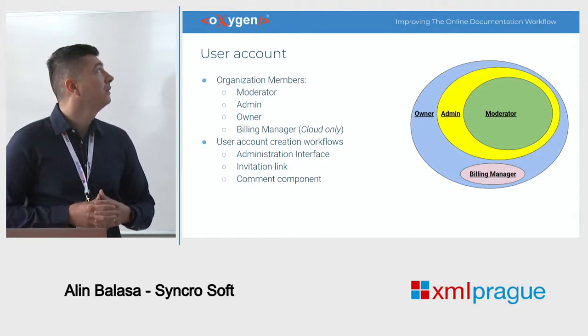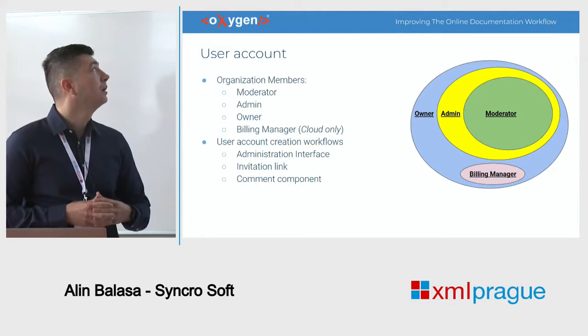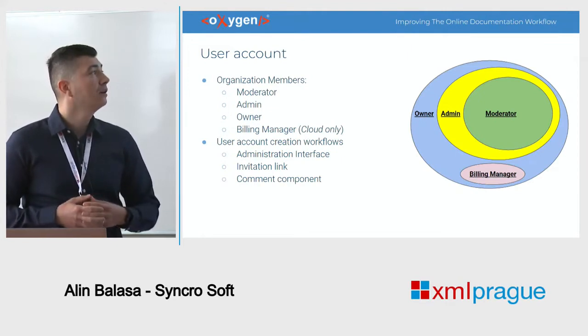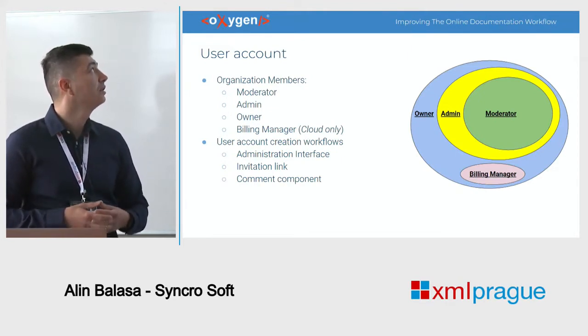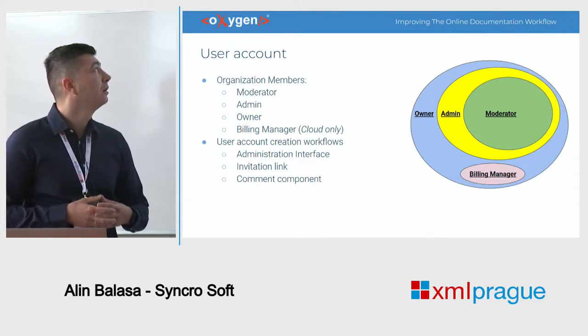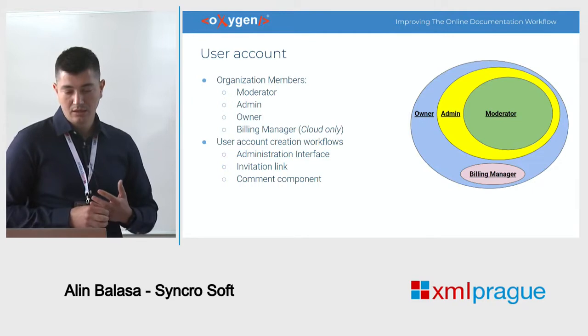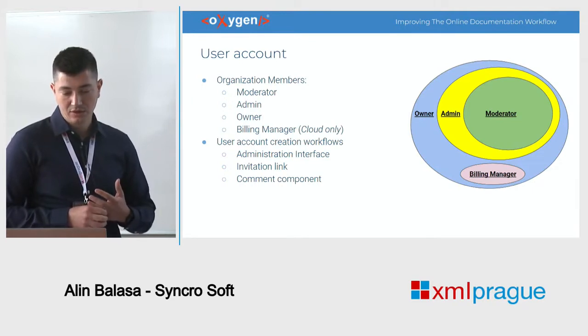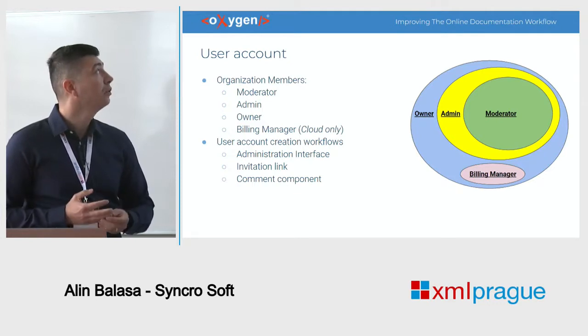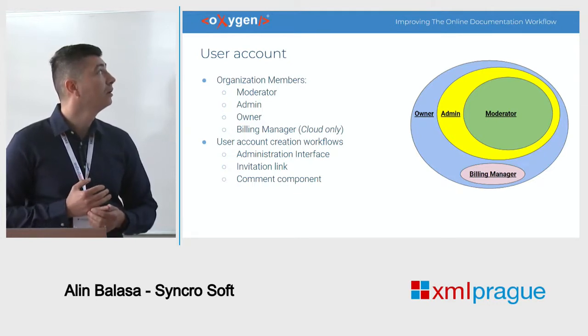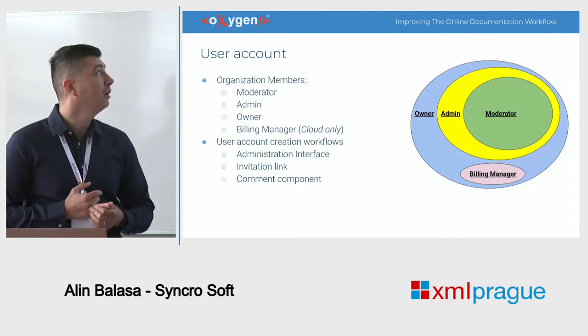The organization owner can create an organization, configure the organization profile, and delete the entire organization. The billing manager is a role that is available only on the Oxygen Feedback Cloud distribution.